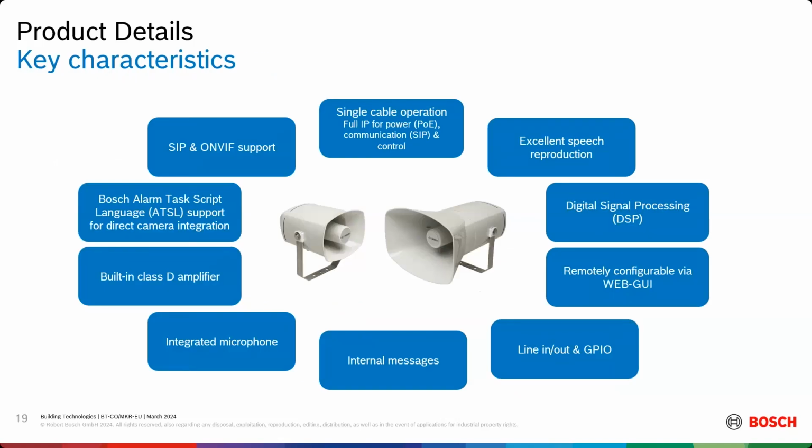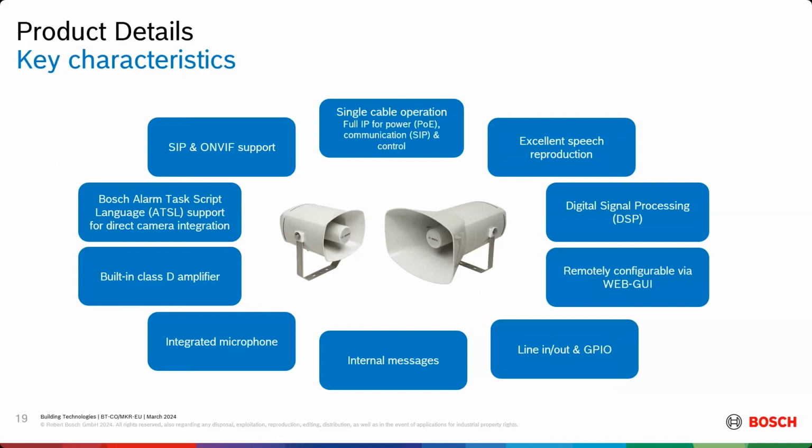Let's have a look at the key characteristics. There is a single cable operation, meaning power, communication, and control all in one cable. There's DSP with EQ and presets for music and speech integrated.